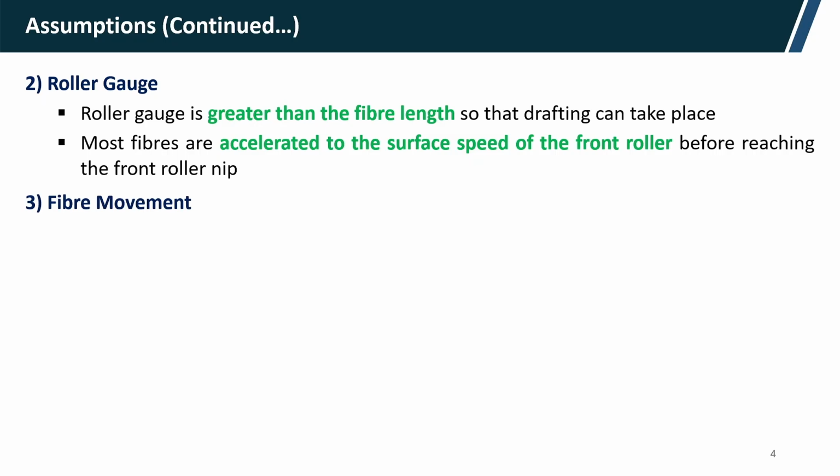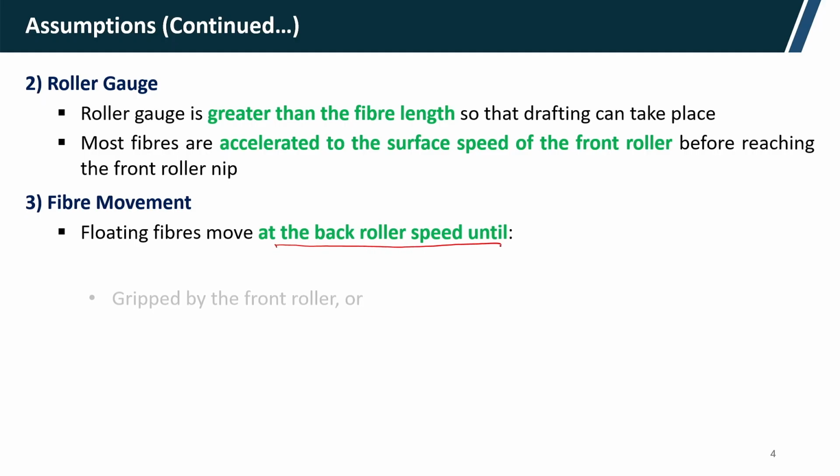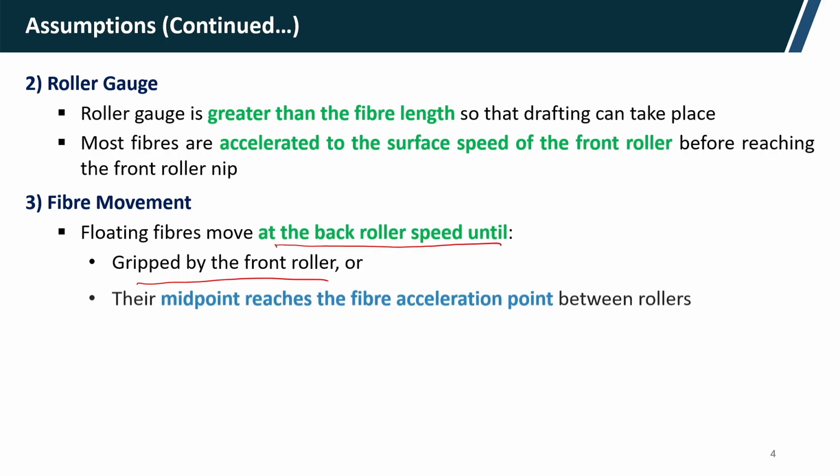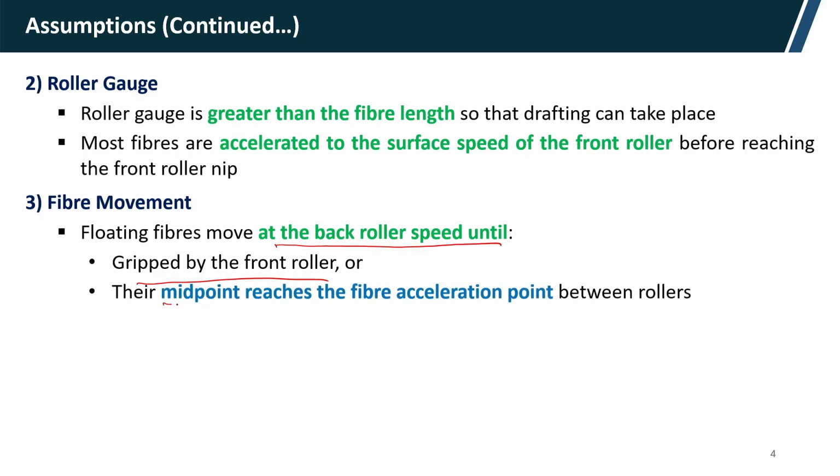Now, the fiber movement. Floating fibers move at the back roller speed until gripped by the front roller nip, or until their midpoint reaches the accelerating point, that is, the maximum friction point. These are the assumptions.